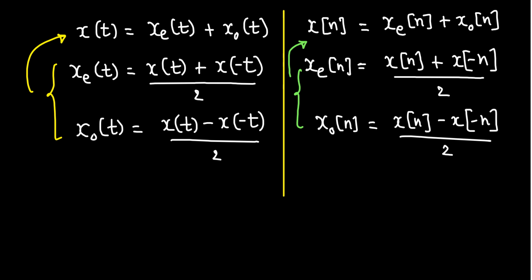Let's take an example to prove this. Consider this simple signal being defined, let's suppose, from 0 to 1, where the independent axis is time. Let's say this signal is x of t.